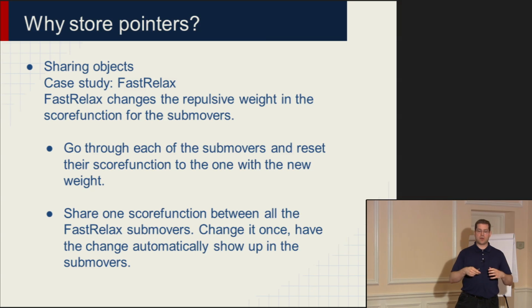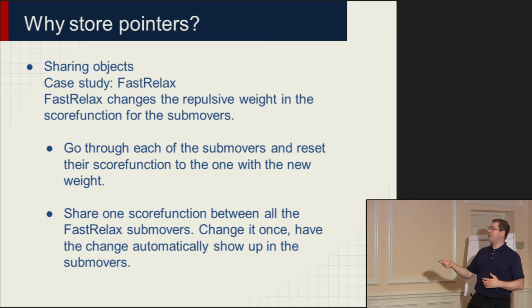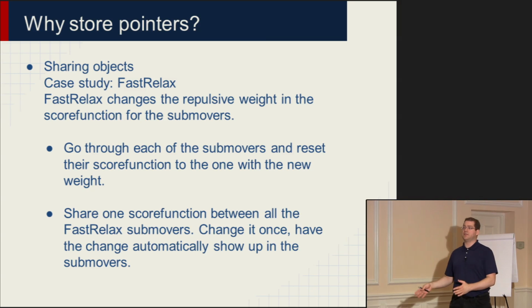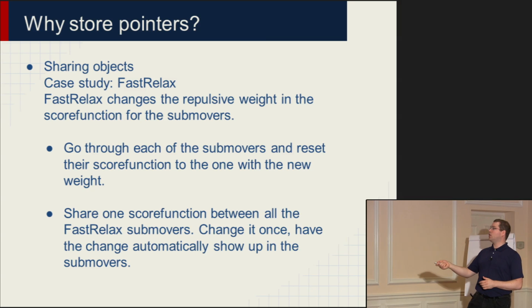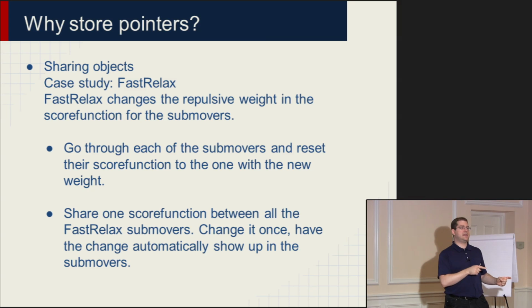So there's two ways you could go about doing this. If you have one mover, it changes the weight on a score function and then invokes a bunch of submovers. So it either could go through each of those different submovers and then reset their score function to the new score function that has the changed weight.